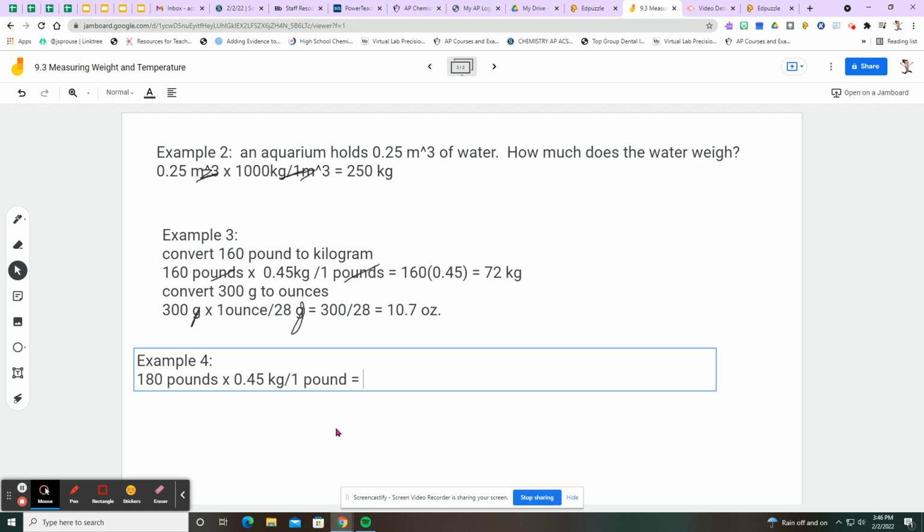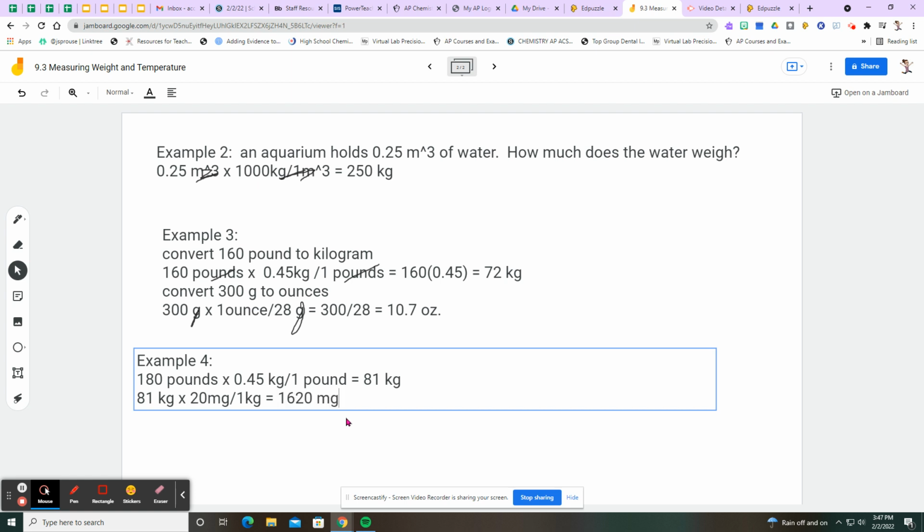So 180 pounds times 0.45 kilograms is going to give me 81 kilograms as the person's weight. And the dosage is 20 milligrams per kilogram. So I'm going to take 81 kilograms times 20 milligrams per 1 kilogram. That means that person is supposed to take 1,620 milligrams at a time.